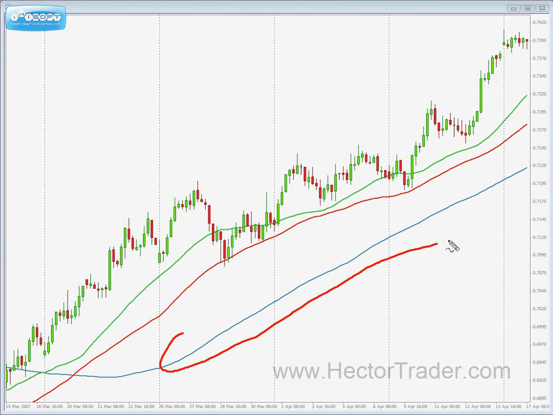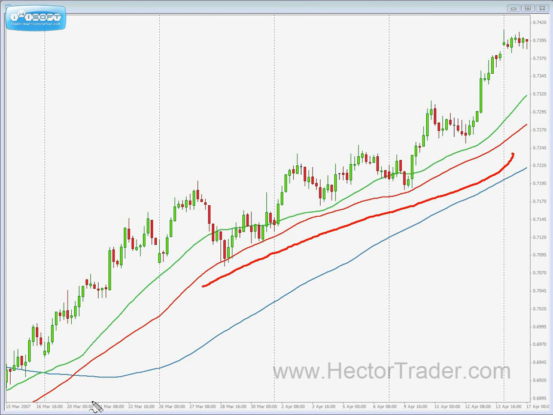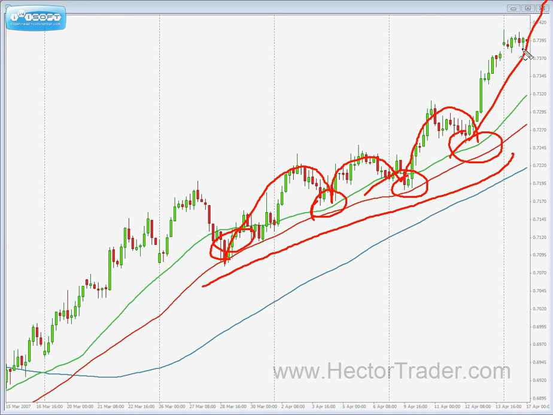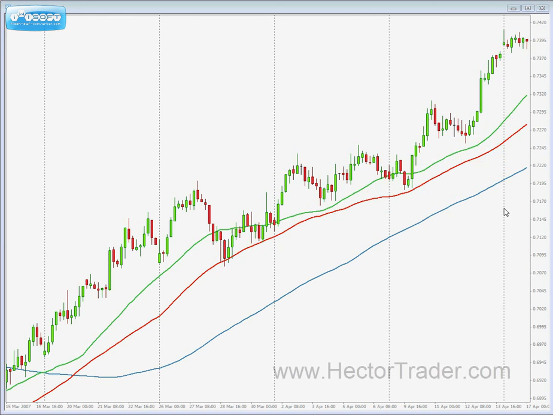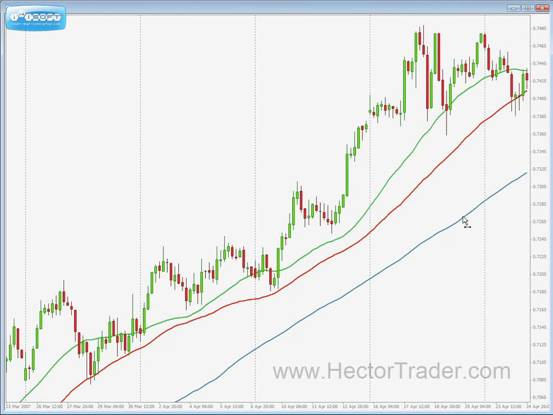Price is keeping well away from the 100, spending most of the time above the 50 simple moving average, which as usual is the one in red. Price is very harmonically swinging off the dynamic area of support, which as you know is the area between the 30 and the 50, taking off again for a whole new swing to the upside.